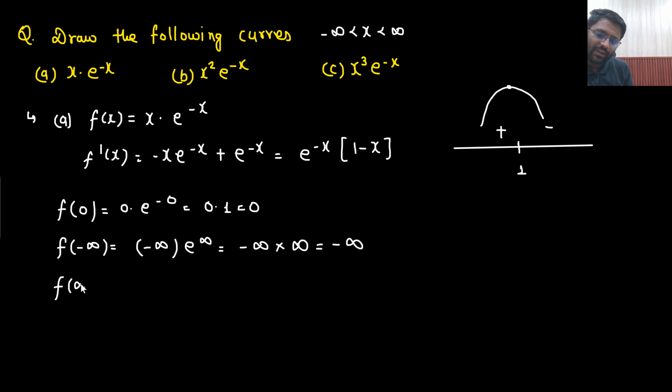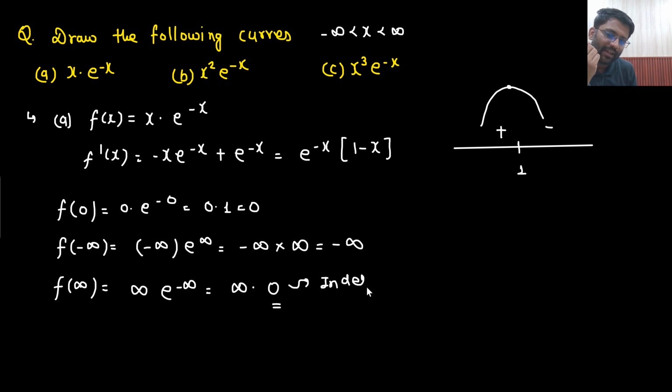What about f of infinity? So if I put infinity here, infinity into e to the power minus infinity, it is becoming infinite into 0 form, indeterminate form. That means I will have to find out the limit, right? So how will I find out the limit? Limit x tending to infinity, x e to the power minus x.